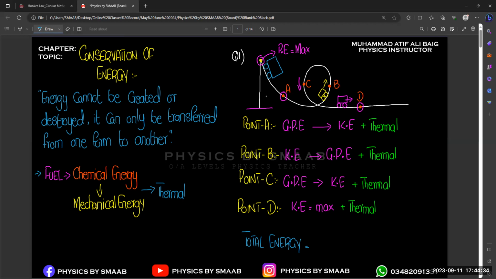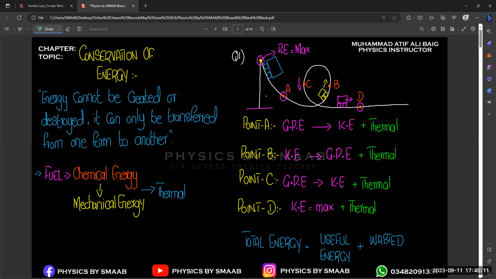That energy converts into useful energy, because our purpose of using that cart is to convert potential energy into kinetic energy. But still, due to the concept of thermal energy, there will always be wasted energy. Basically wasted energy in the sense that thermal energy is not required in this whole process.